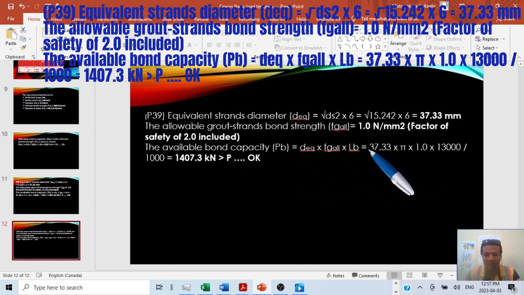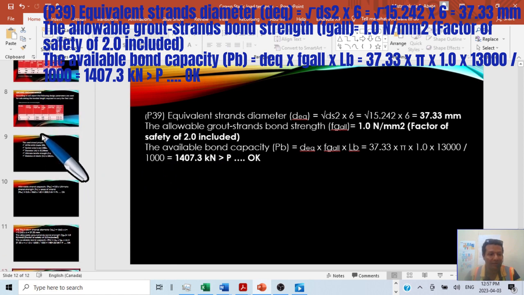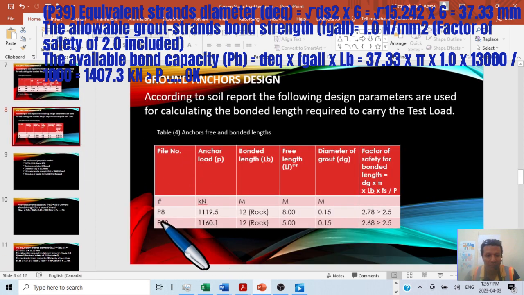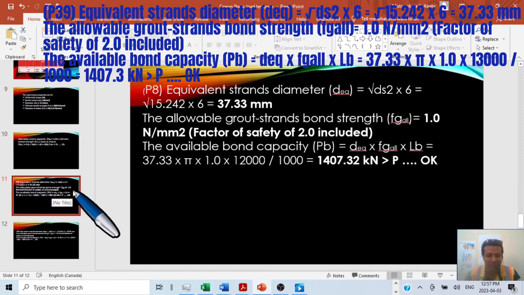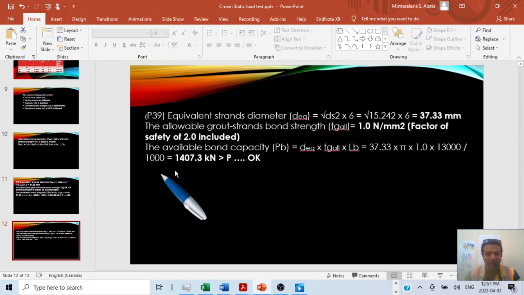If you multiply this, 1407.3 kilonewton, and if you check the load on P39, 1160. So we are okay. The number of anchors we provided is okay.